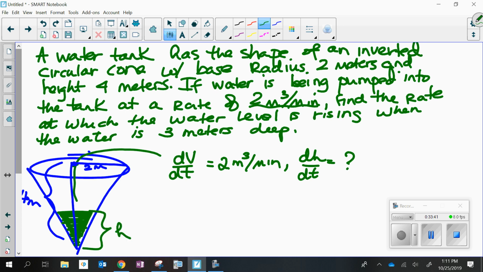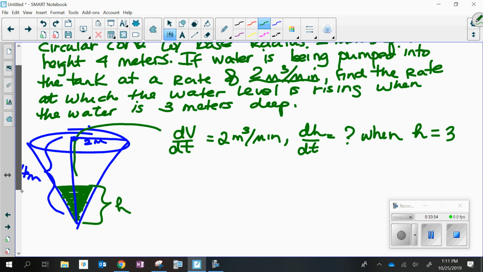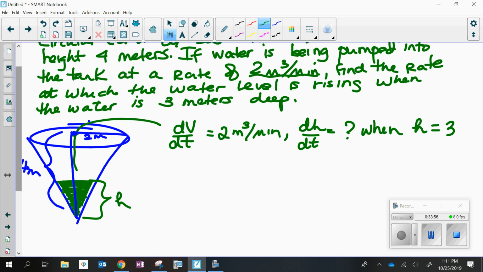And at that moment, what moment are we talking about? So when h equals 3, okay, cool. So we already dealt with the cone already. We know the volume is 1/3 pi r squared h, right?